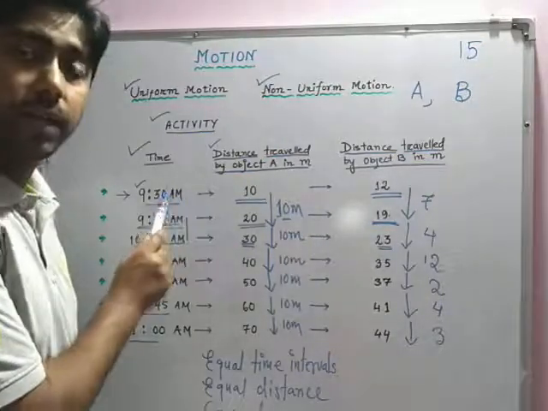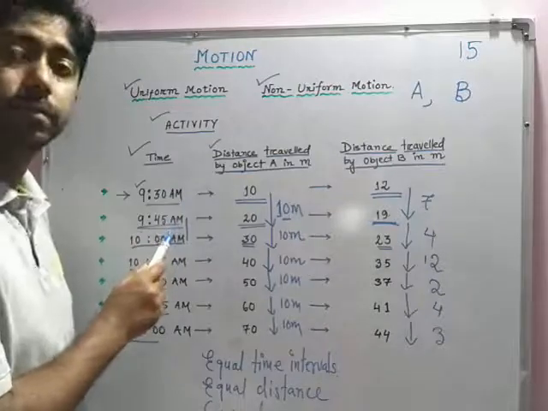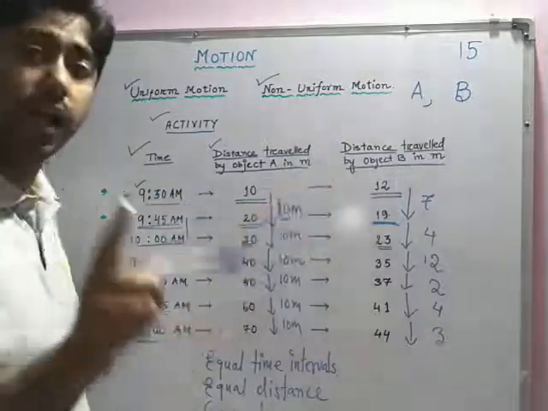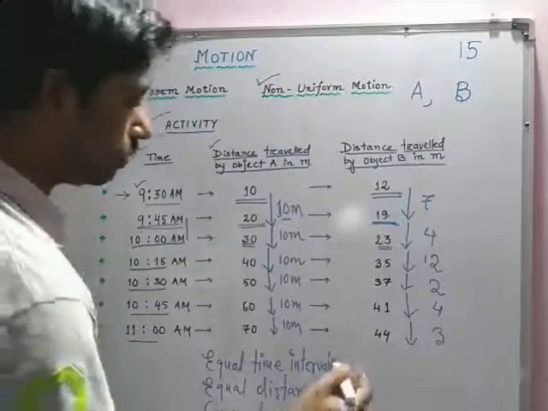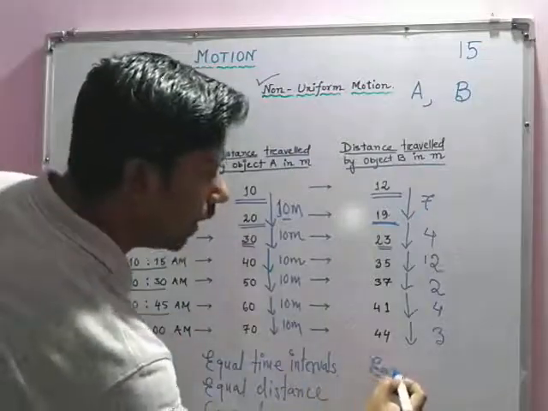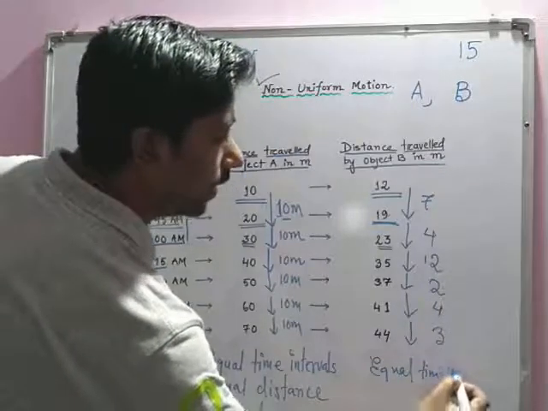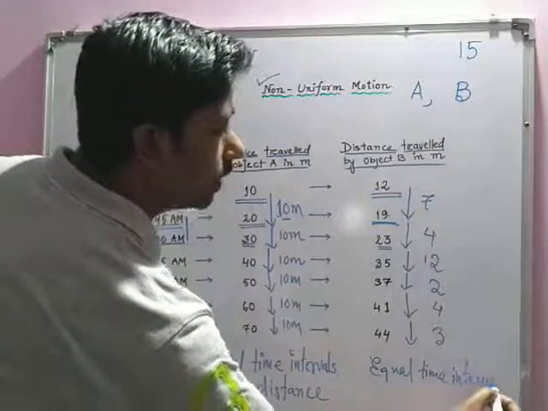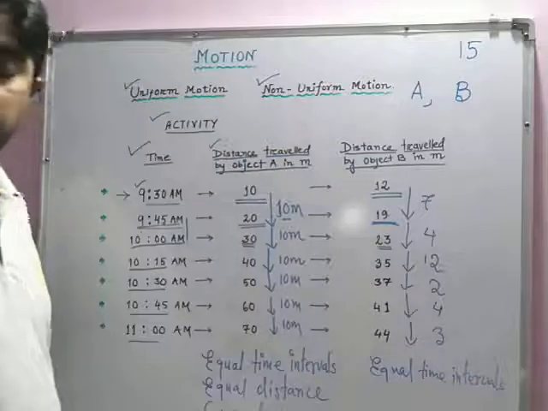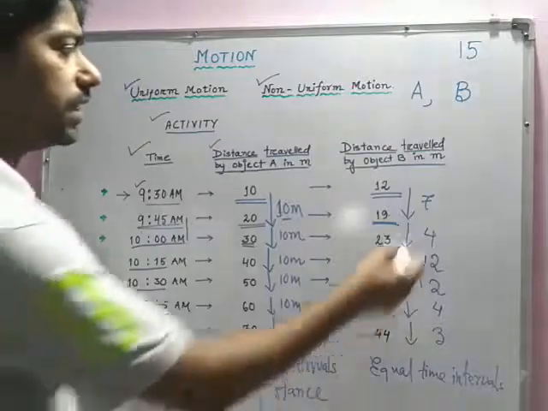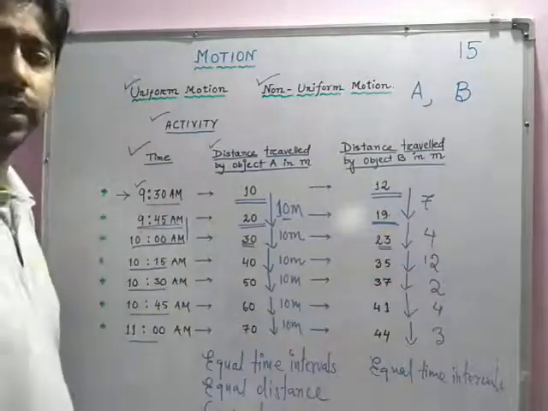Now you note this. Here the intervals of time for the second object are still the same, so we write equal time intervals. In equal time intervals, let us see the distances that are covered.